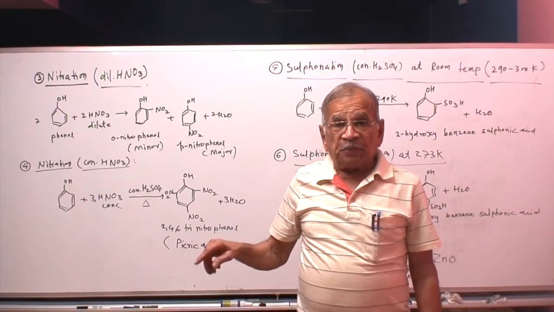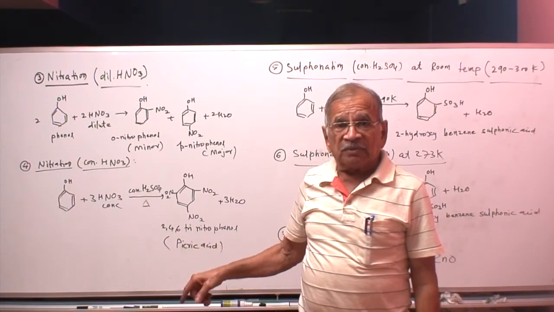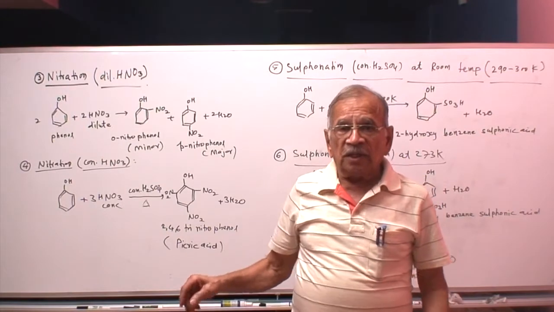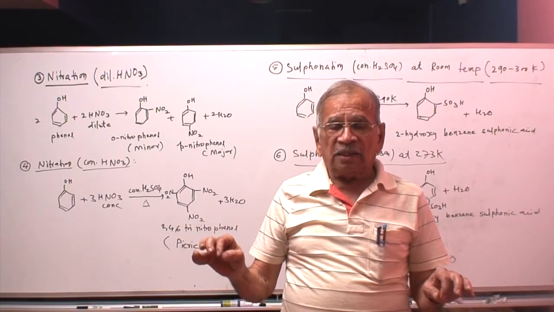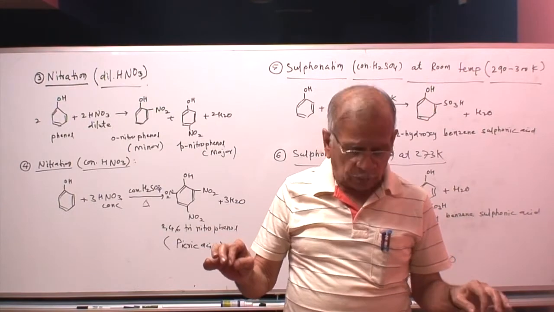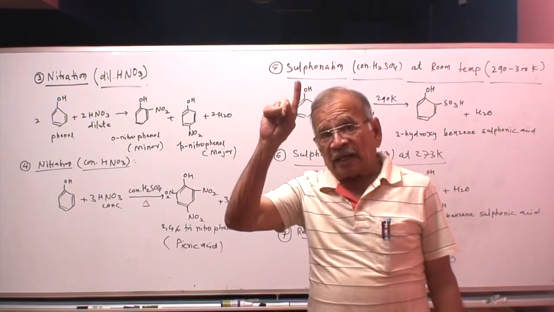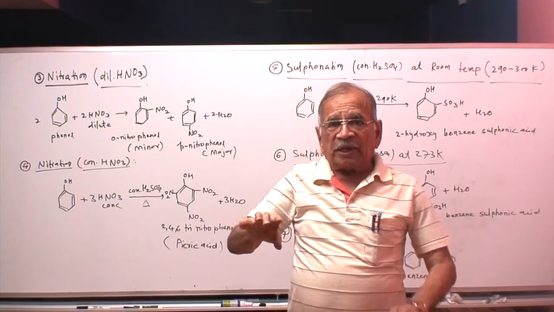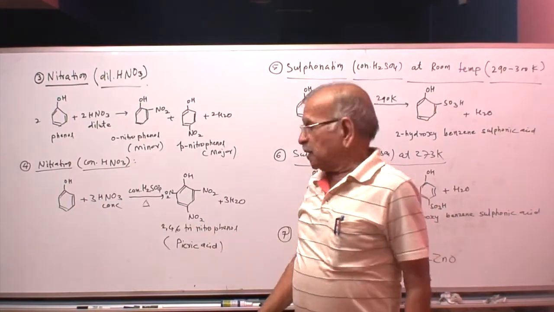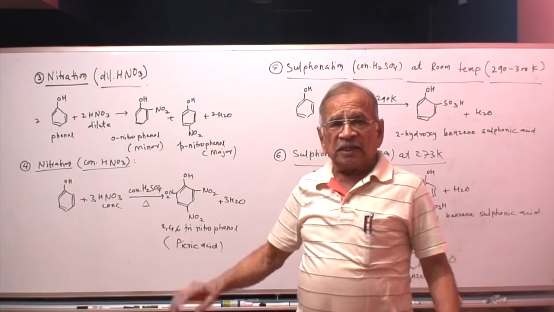Remember that picric acid is again one more acid which does not contain carboxyl, that is COOH group. We have seen carbolic acid, that is phenol, which is an acid but not containing carboxyl group. This is one more acid not containing carboxyl group.